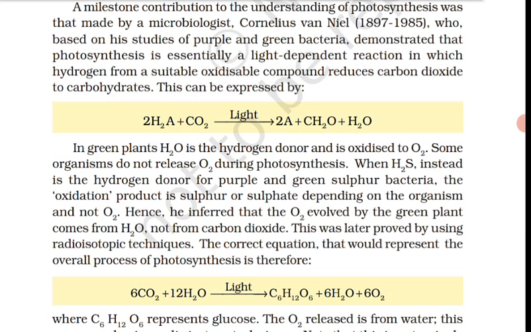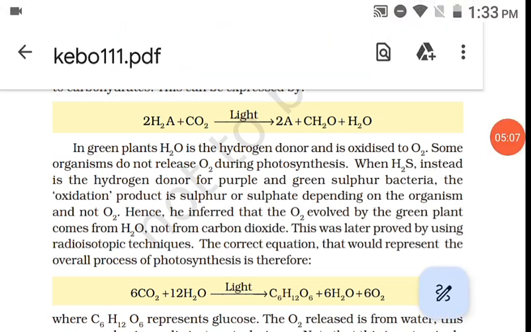Using a prism, he split light into its spectral components and then illuminated a green alga, Cladophora, placed in a suspension of aerobic bacteria. The bacteria were used to detect the sites of oxygen evolution.